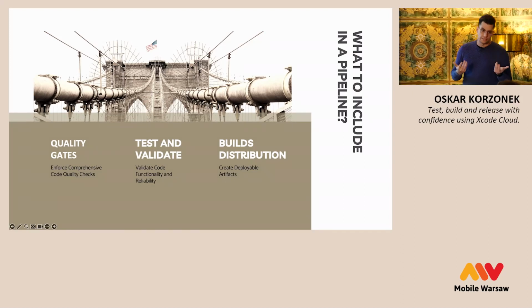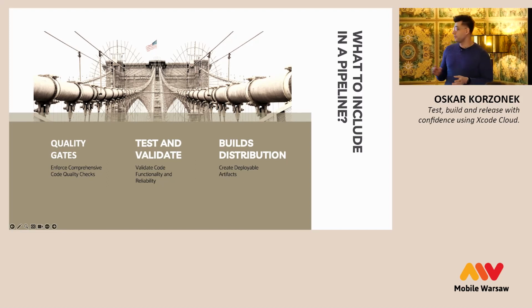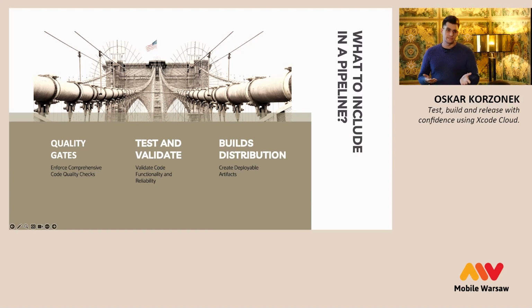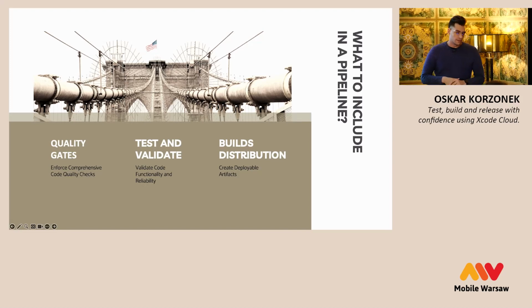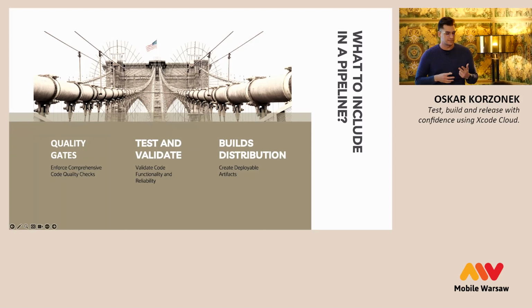What to include in the pipeline? In general, I think we can emphasize these three things. So quality gates, when you can check security standards, you can measure your code quality, code complexity.